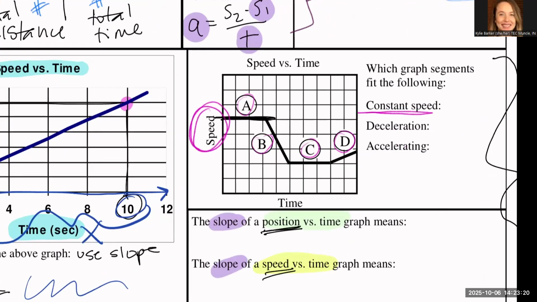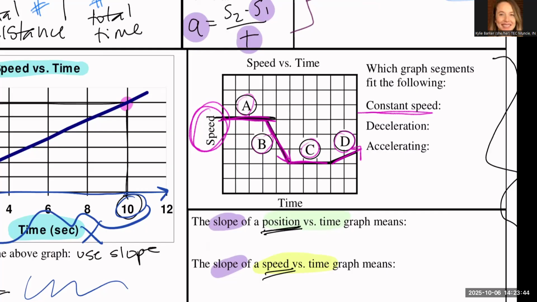First of all, we need to know that speed is our y-axis. So part A right here is a flat line, C is a flat line, B is a line that's trending downward, and D is a line that's trending upward. So a constant speed is going to mean no change in speed, like cruise control.